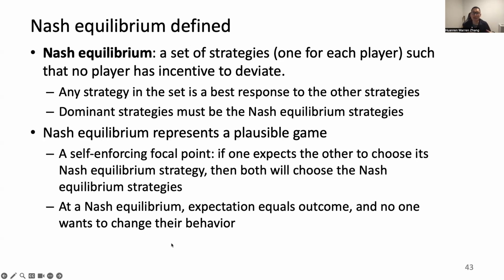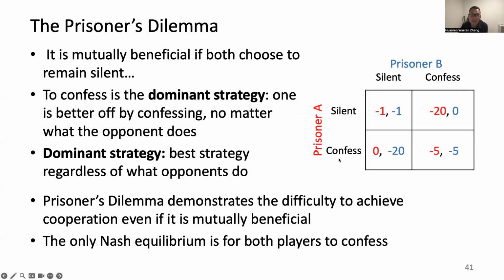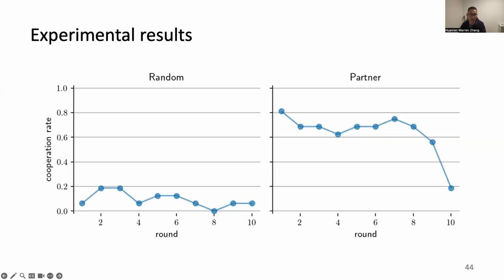Also, as we have explained, if you allow a learning experience, then it's likely that eventually the play would converge to Nash equilibrium. Now let's look at the game, Prisoner's Dilemma, and see the experimental result.